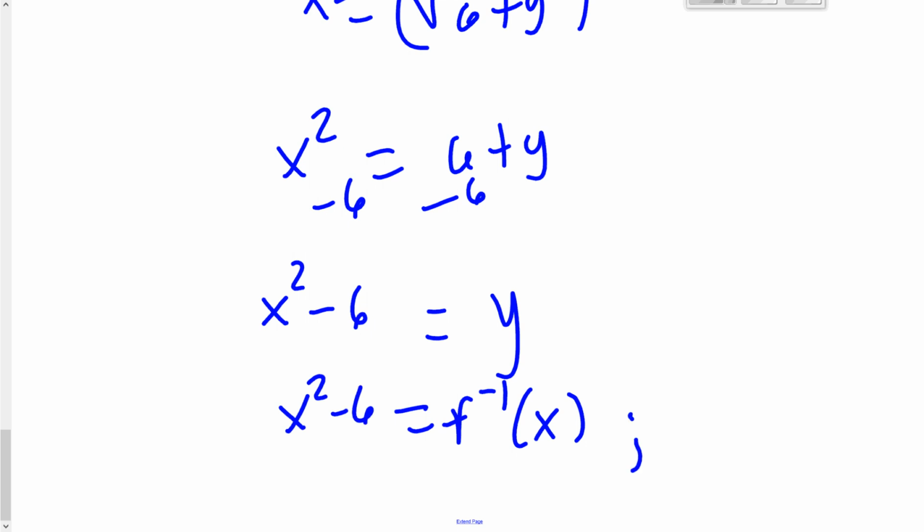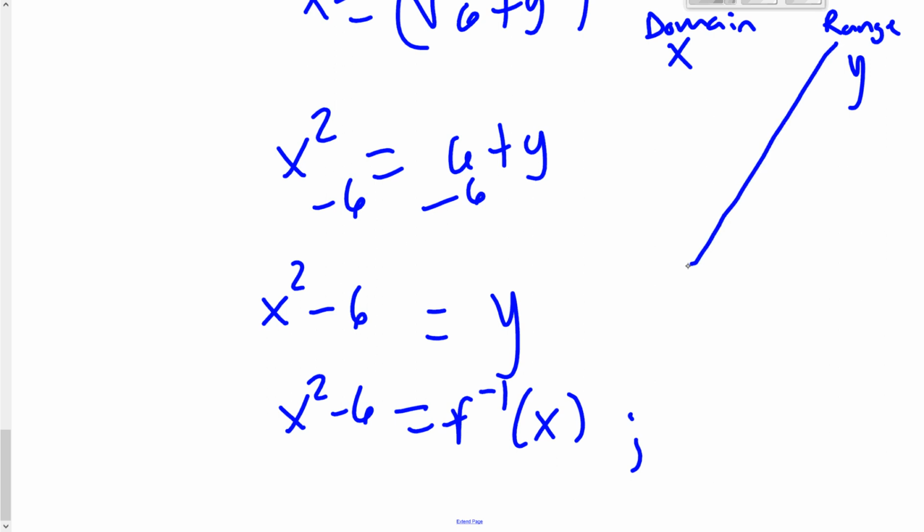Okay, now we just want to say our domain, right? The domain of the inverse is our range, because our x's are our domain and our y's are the range. But when we do inverses, we switch our x's and y's.